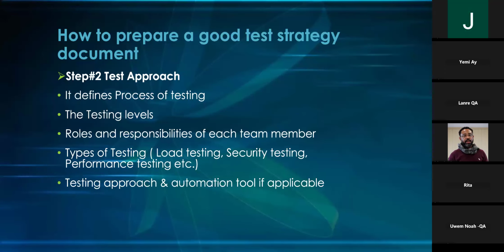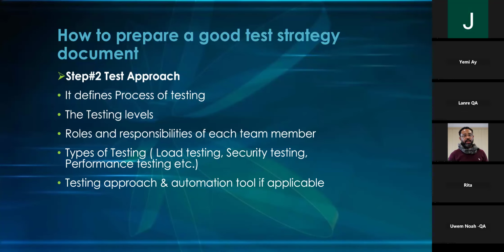So testing approach and automation tools, if applicable. An example will be, you are here, this is the manual class, this is the phase of it. The next approach you'll be looking at will be the test automation tool. So what is the test automation tool? I don't know the programming language you're going to use. It could either be C# or Java in BlueSky.